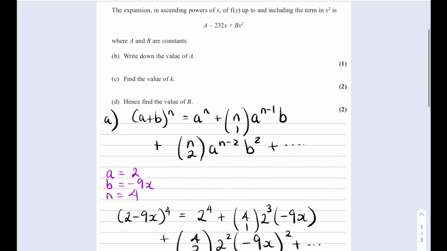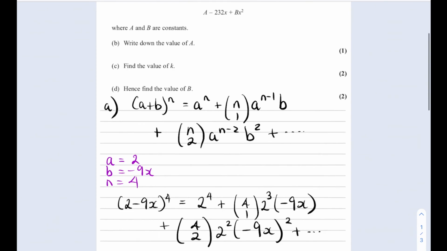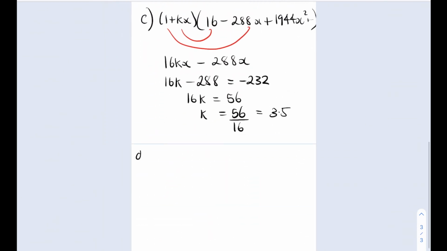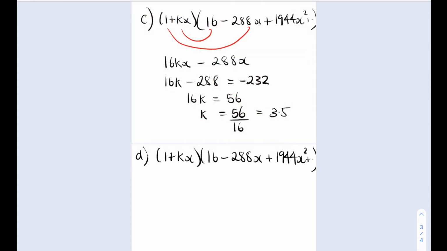Okay, part D, hence find the value of b, so also another 2 marks. This is just the coefficient of x squared this time. So isolate your x squared terms. Be very careful to make sure you get them all. So your x squared terms now are from here, here. Oh, and that's it because there's no x squared term in this one.